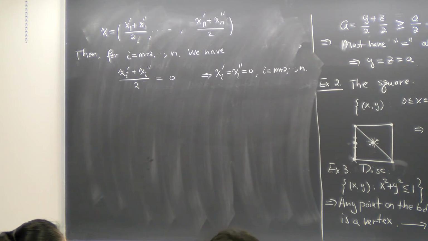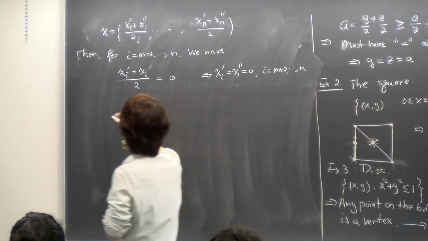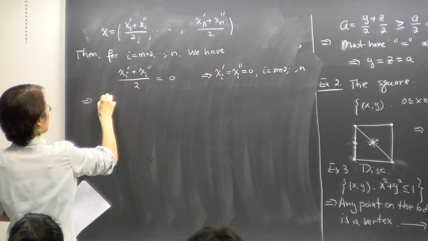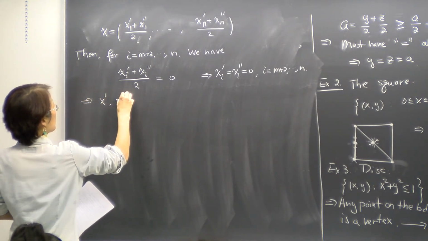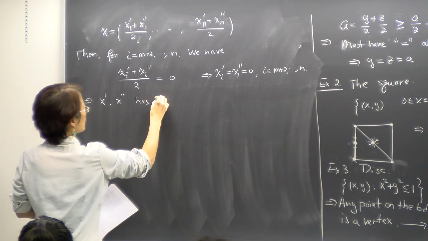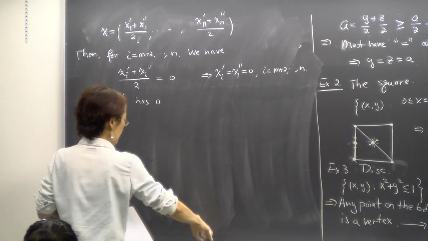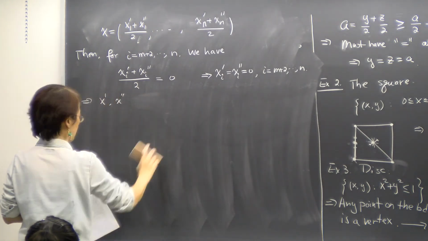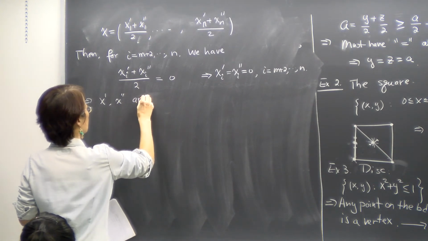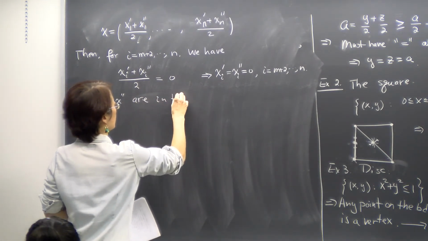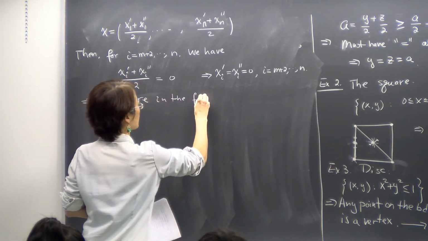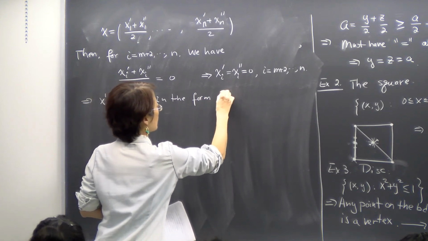Okay? And you see where we're going. So x prime and x double prime have 0 there. Okay, that I already wrote. They are in the form star.